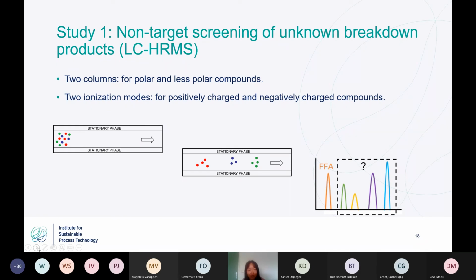The columns are used to separate the mixture of compounds in the samples into different groups, and then after the ionization, in the end, it gives the signal of each compound. For example, if the first peak is the FFA, the film-forming amine, the other peaks are from unknown breakdown products. So what we wanted is to have more information on these compounds, for example, their molecular weight, their formula, and furthermore structures, and in the end to really identify these compounds. Next one, please.